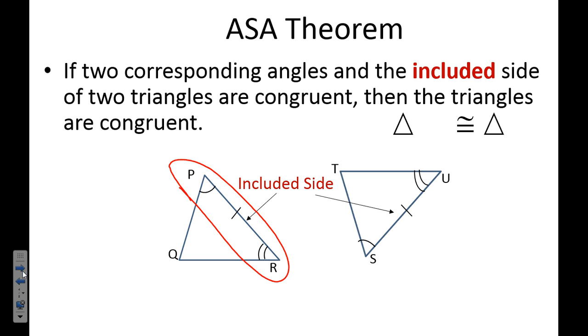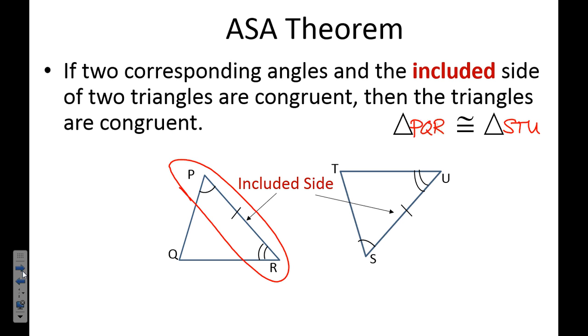So how would we name these triangles? What's the name of the first triangle? PQR. So if we start at P and go to Q and then to R, then we have to say S to T to U. Does everyone see why?